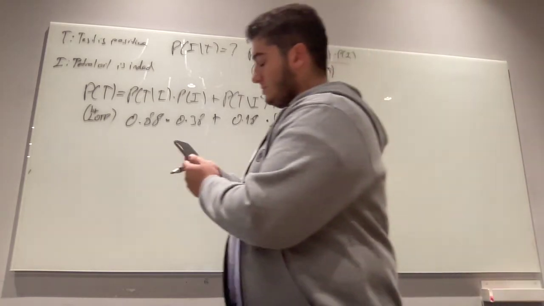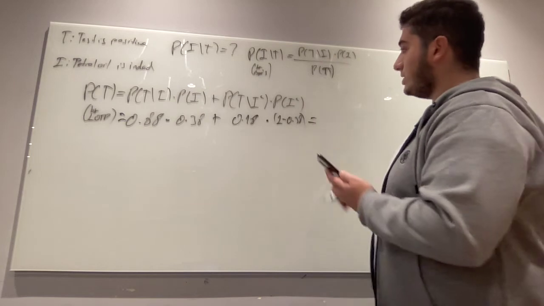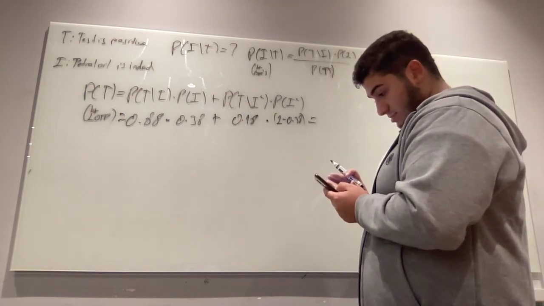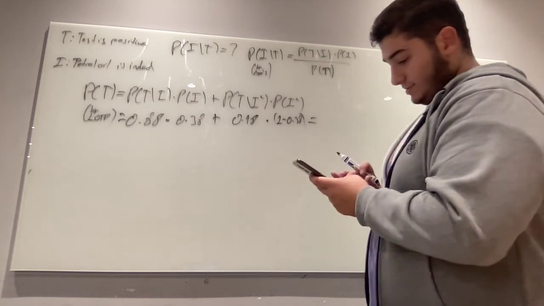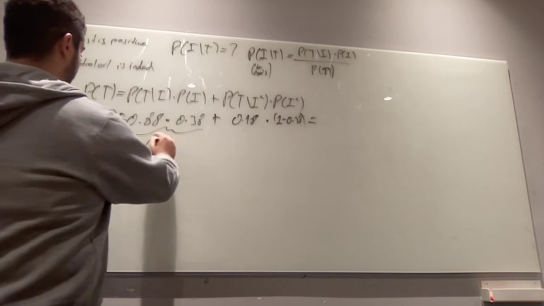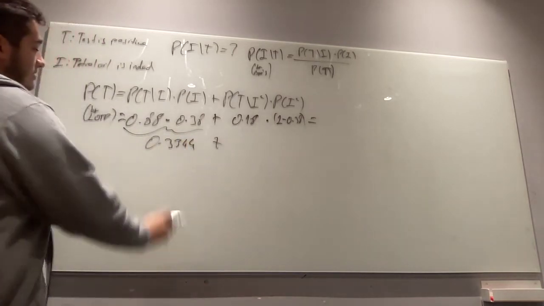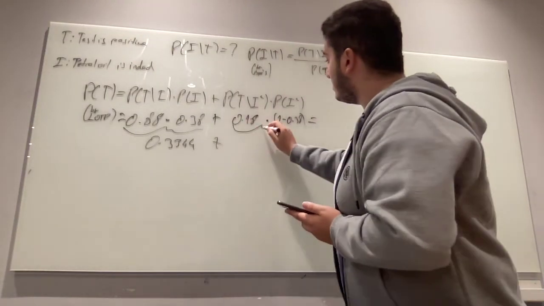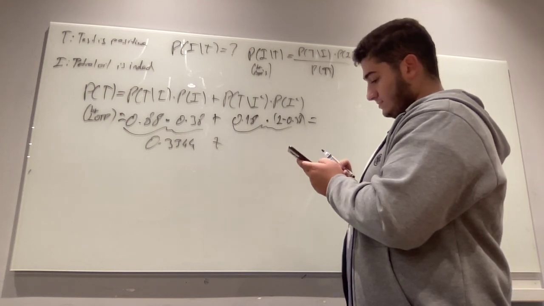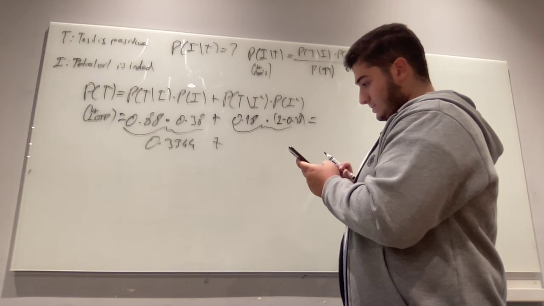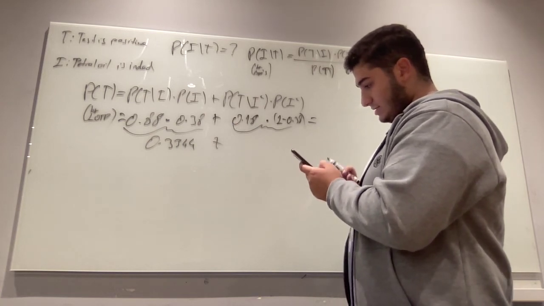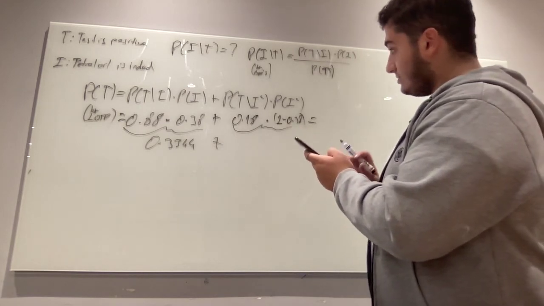When we calculate here, we get 0.88 times 0.38 plus 0.18 times (1 minus 0.38).